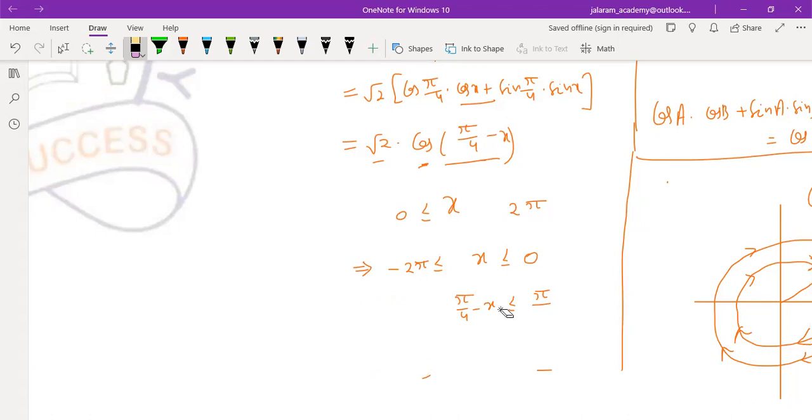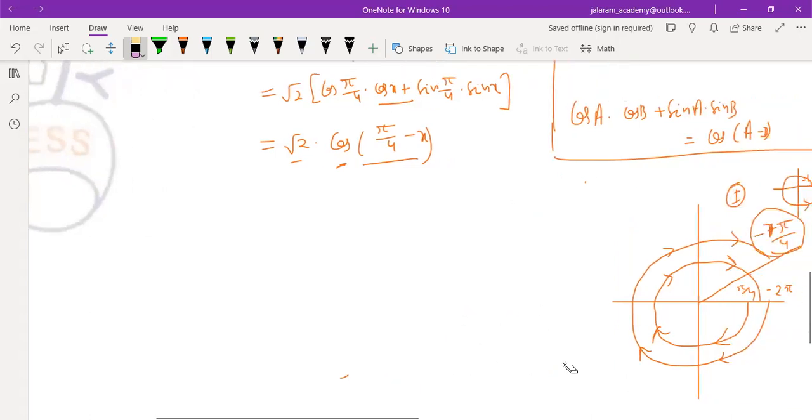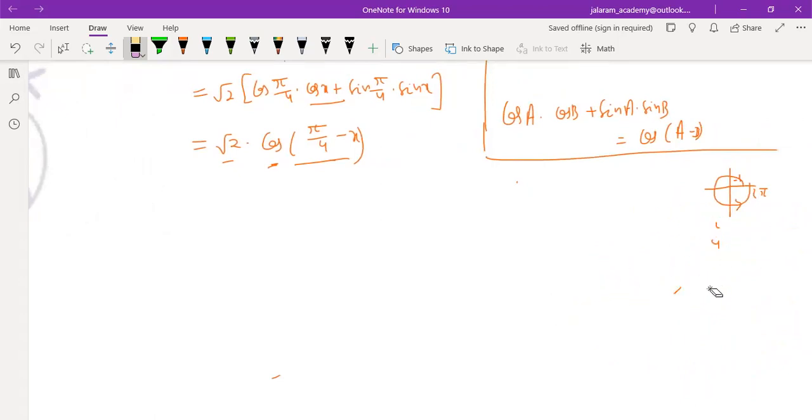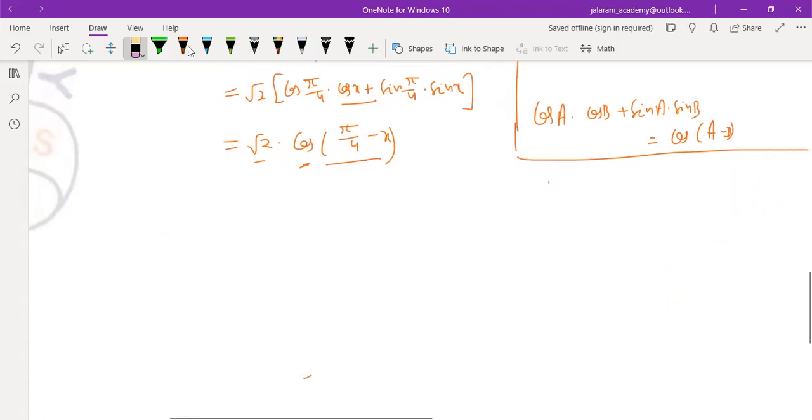Means if we first use x, then pi by 4, it will be easier and accurate by finding it using the graph. Means cos x cos pi by 4 plus sin x sin pi by 4 will be there.